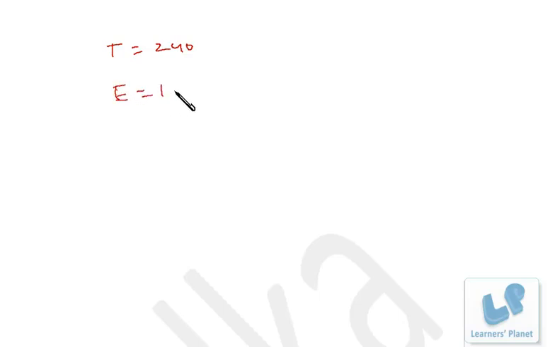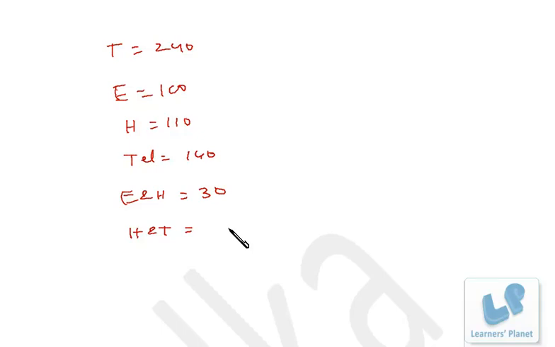Here English is spoken by 100 people, Hindi is spoken by 110, Telugu is spoken by 140, and English and Hindi is spoken by 30 people, Hindi and Telugu is spoken by 50, and English and Telugu is spoken by 50, and 20 people are there who speak all the 3 languages, that is English, Hindi and Telugu, right? Now we have to draw the Venn diagram and then we will try to answer the questions.